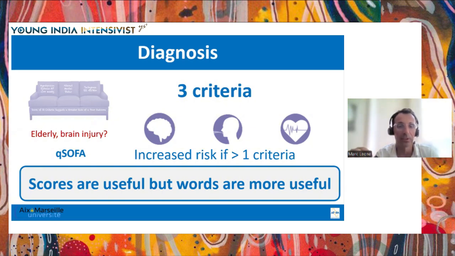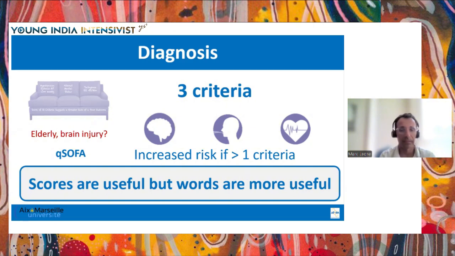This score has been debated. Probably it works pretty well in the emergency department, less in the ward or in the ICU, where SIRS criteria are equal or even better. And quick SOFA has some limitations, notably in the elderly patient in whom it's difficult to communicate, and for instance in patients with brain injury.